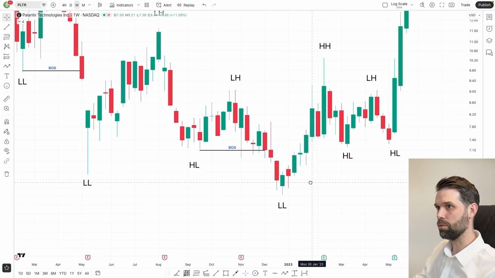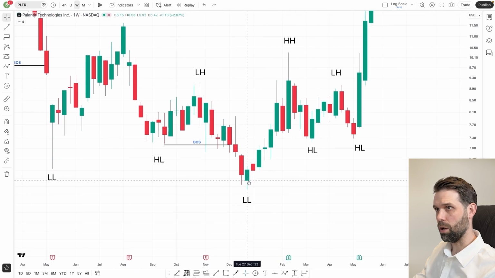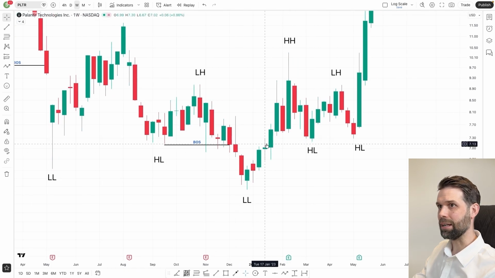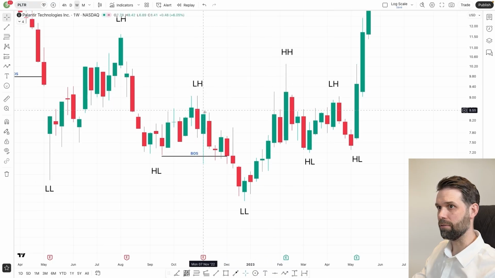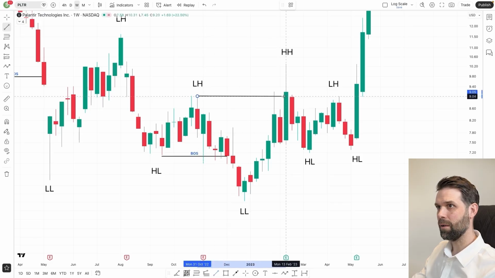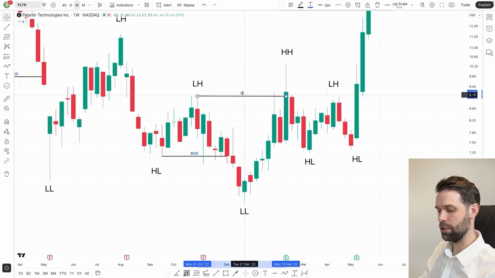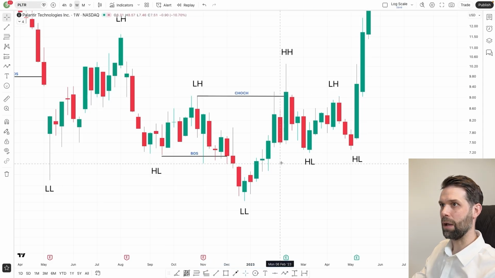And we continue to this next lower low. And then what we have here is a higher high from this high right here. So what we actually have here is a change of character. So this wick, when candles closed above this wick from that lower high, what we have here is a change of character, and we've labeled this area as a higher high.